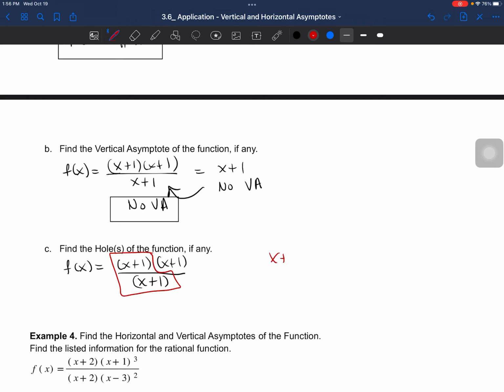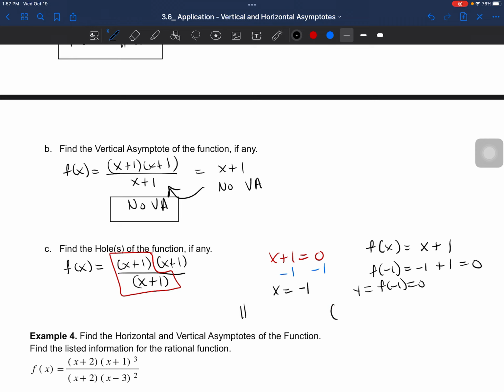So I'm going to write it here. Because these two cancel each other out, x plus 1 is set equal to 0 and solved for x. This gives us x equals negative 1. So at negative 1 we'll have a hole, but we need to find the full point, because the hole is an ordered pair. So we plug negative 1 into the simplified function, x plus 1, and what do we get?